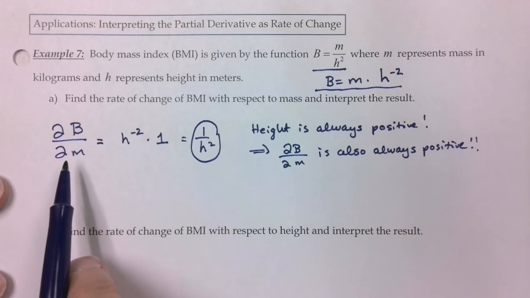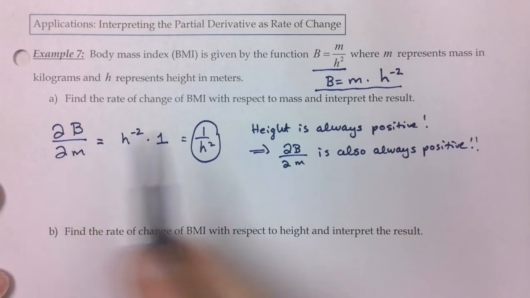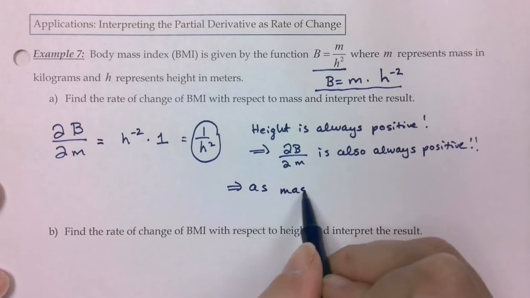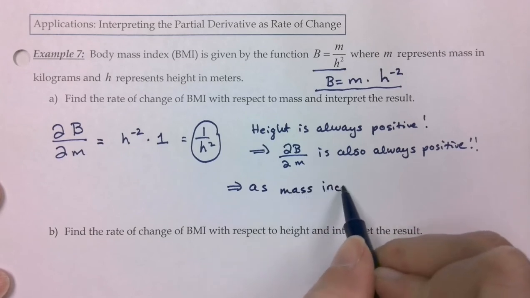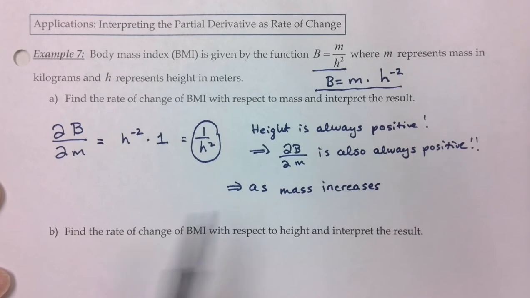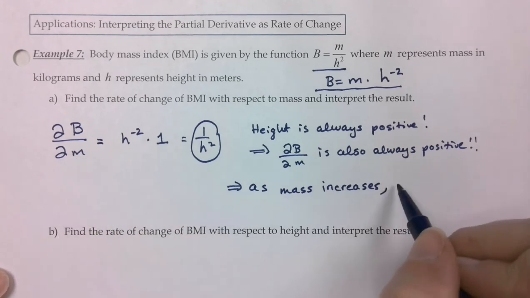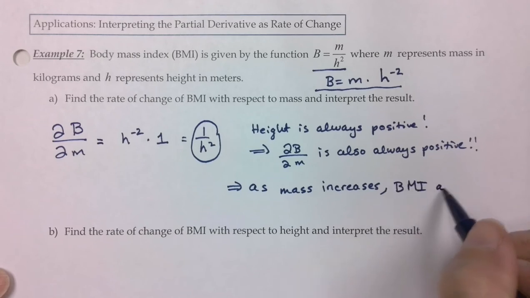So if I think about this, as mass increases, right? If we move to the right on the mass axis, then the BMI also increases.